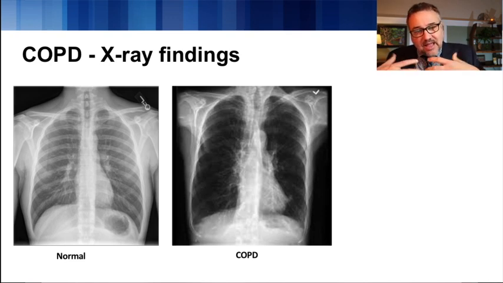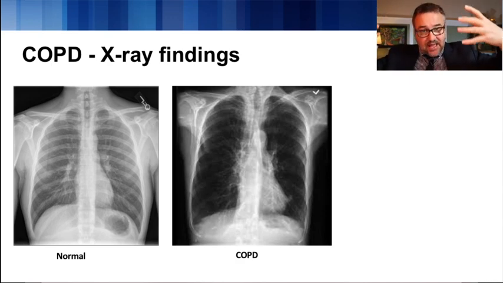As alveolar destruction occurs in COPD, that elasticity and tension starts to give way, and the chest wall expands and expands. We also see the diaphragm, which is normally arched like this and breathes by contracting and pulling down, slowly flattening as the lungs lose elasticity and become larger.